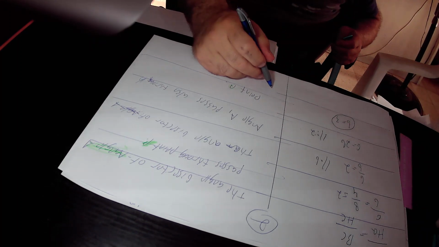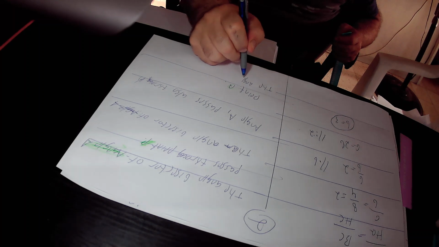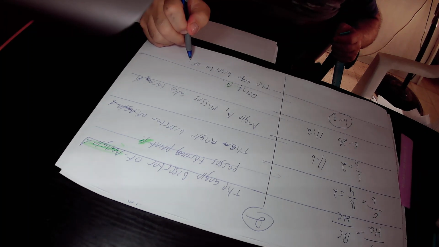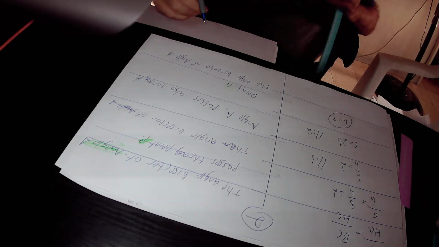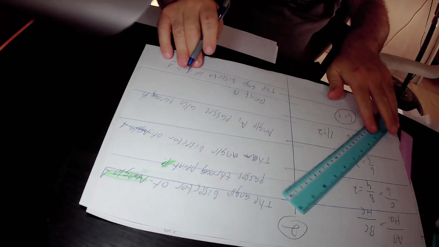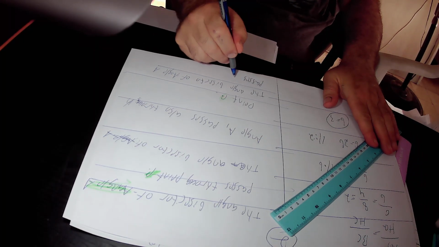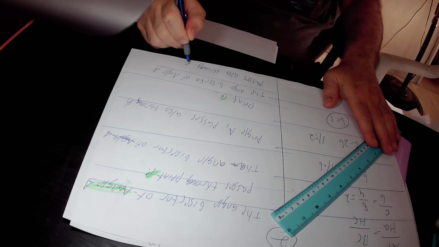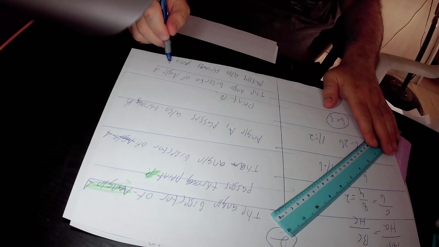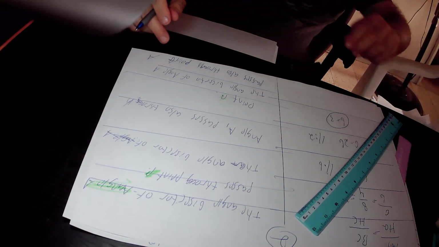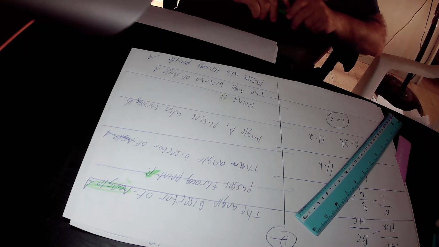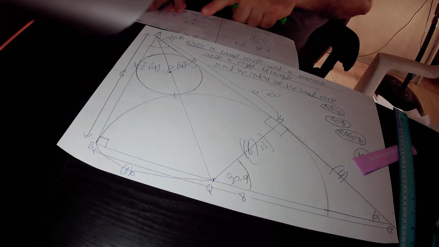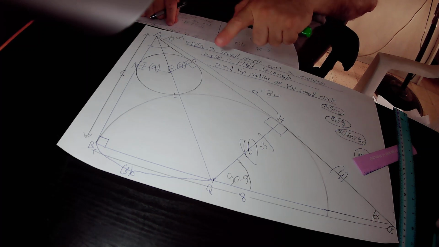The angle bisector of the same angle, angle A, passes also through point A. In conclusion, we found out that the angle bisector of this angle A passes through points A, P, and Q. So I write it down.